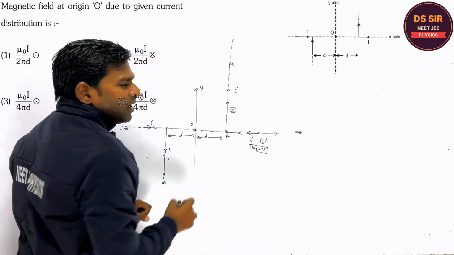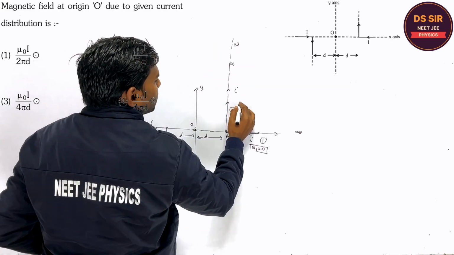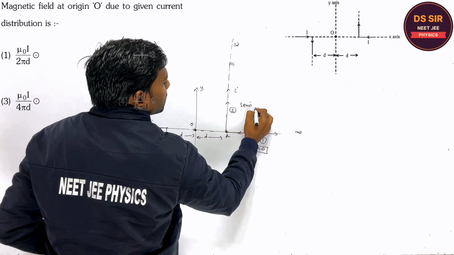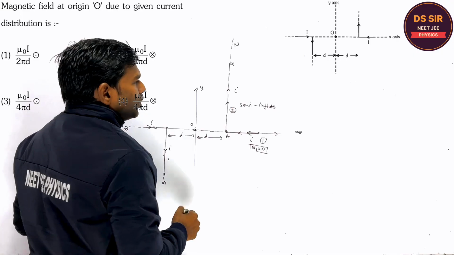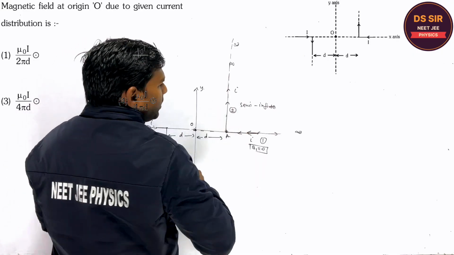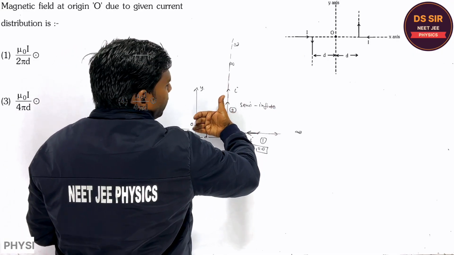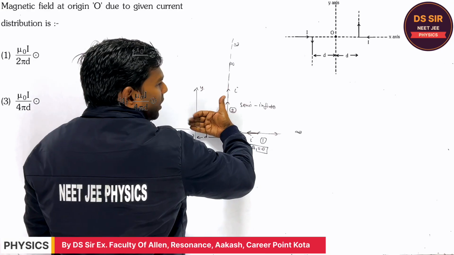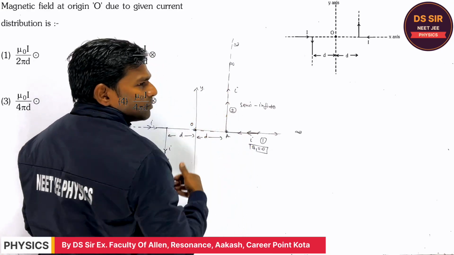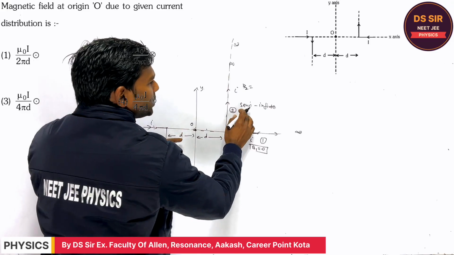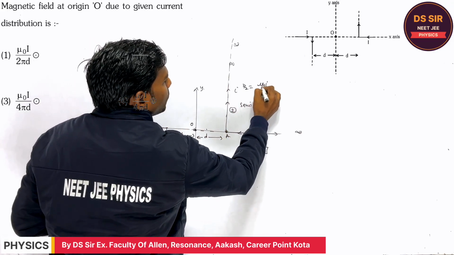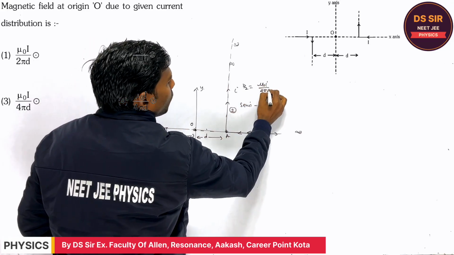Now the second part is this. This is the semi-infinite wire. So this is the current carrying wire direction. The magnetic field will be out of the board. What is the magnetic field B2 due to the semi-infinite wire? Mu naught I upon 4 pi d.